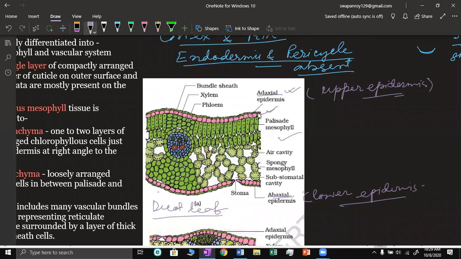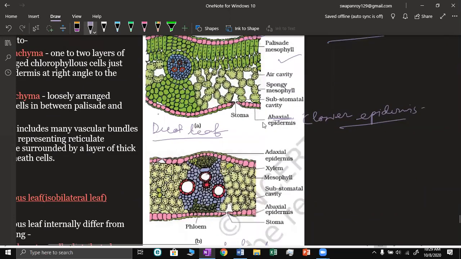Above this pink layer there is a green layer. This green layer is the cuticle. And another thing present on the epidermal system is the stomata. All right, this is stomata.